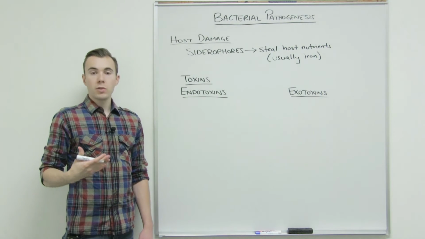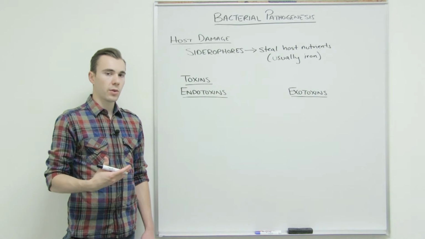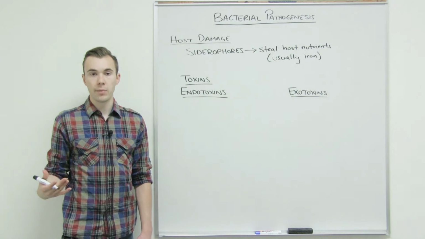Although these are both bacterial toxins, we're going to compare and contrast them and see that they actually are very different and they're going to cause different effects on the body.